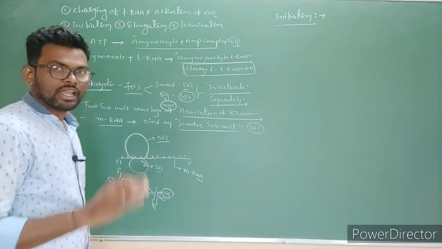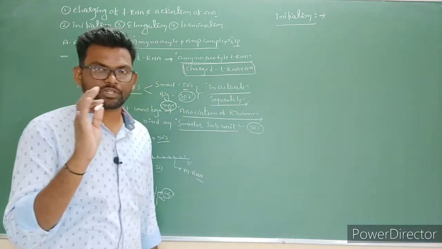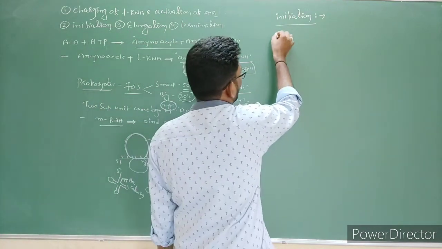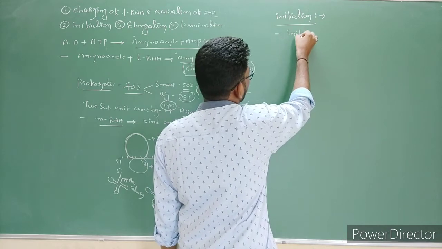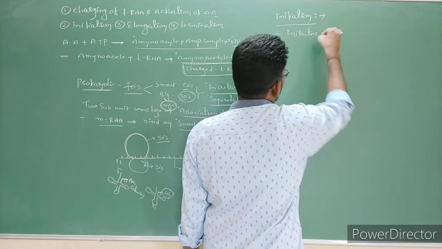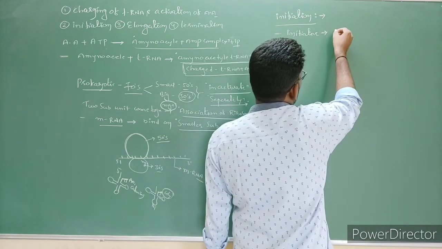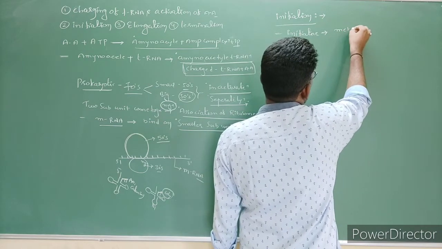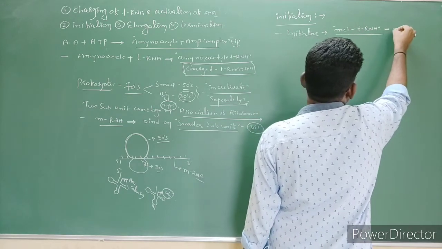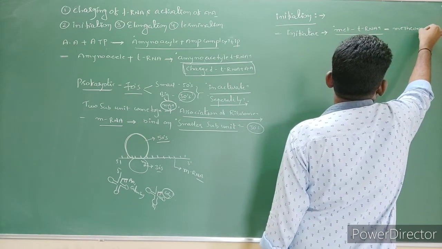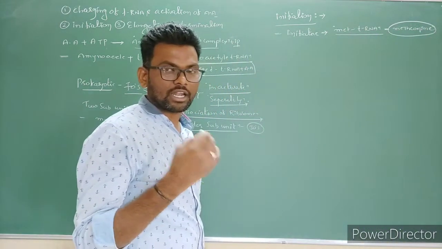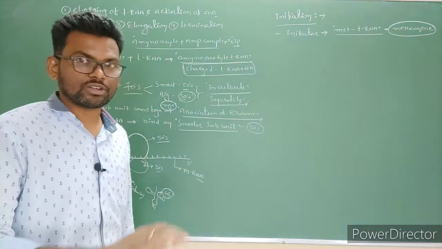Now initiation always starts with one special tRNA, that is the initiator tRNA, right? That tRNA is Met-tRNA. It carries methionine amino acid, which acts as the initiator for translation.